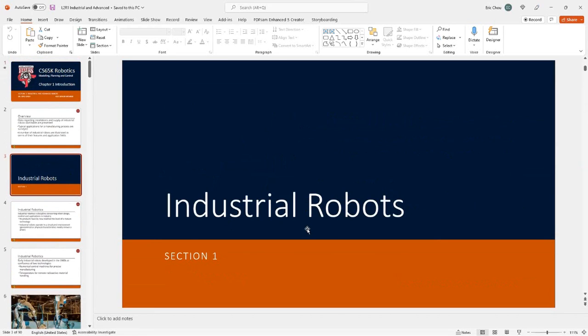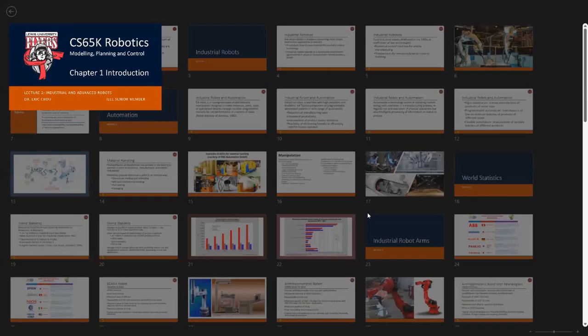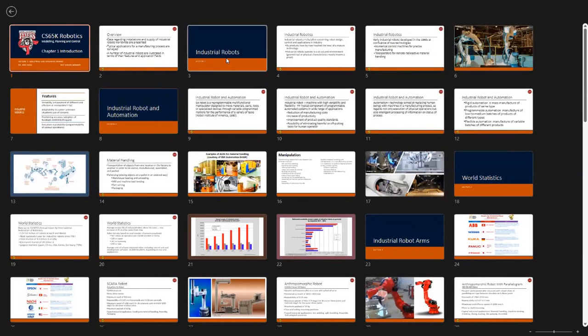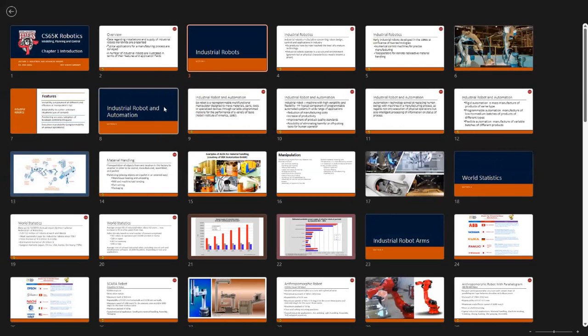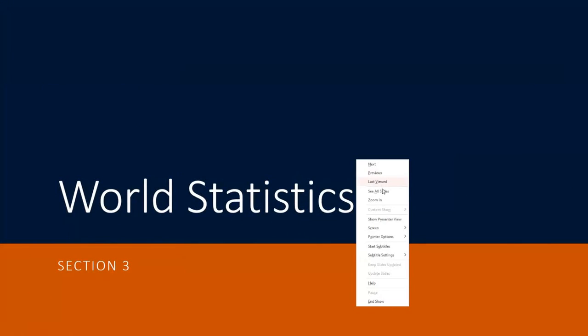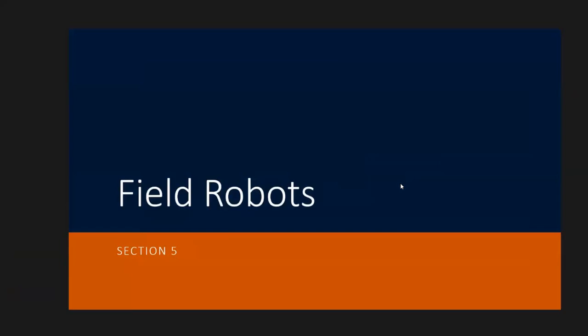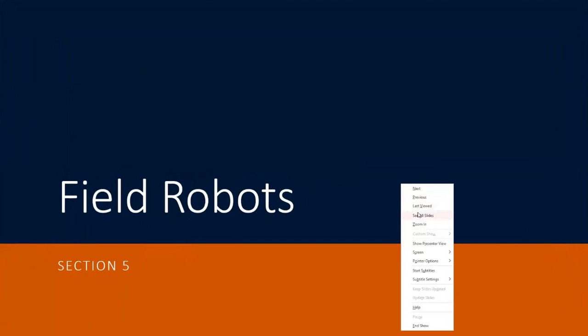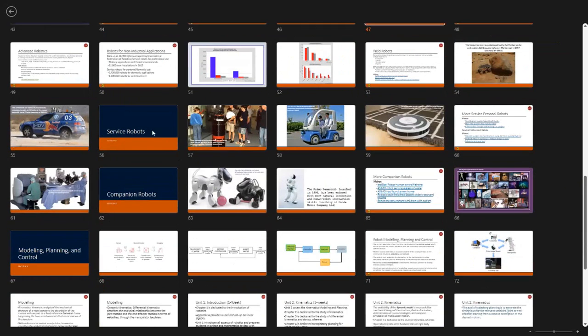Okay, next we do have the industrial robot. This one is more advanced. We do look into the so-called industrial robot, the automation and the statistics of the robot, and also the field robot. Field robot is something that replaces people in the battlefield or farming field.